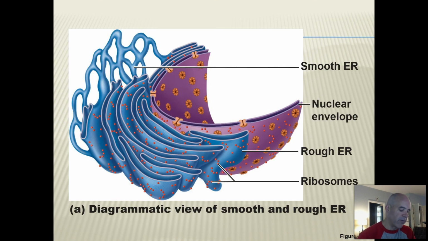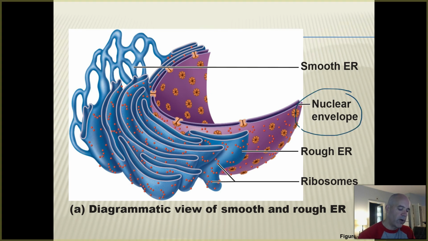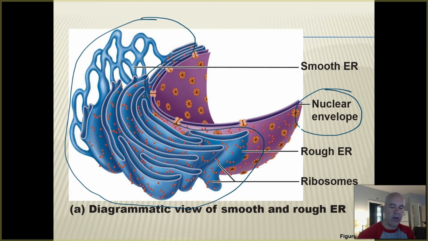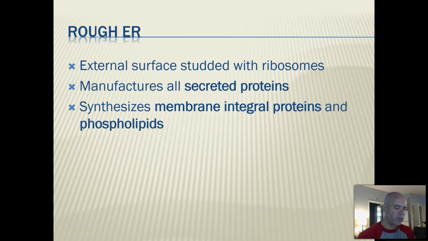And here's a depiction of that. So in purple here, this is supposed to be a portion of the nuclear envelope, and the blue structure you see there is the endoplasmic reticulum. So you can see how it's kind of webby in appearance. And again, the rough ER has all these little spots on it. Those are ribosomes. The smooth ER does not have that.